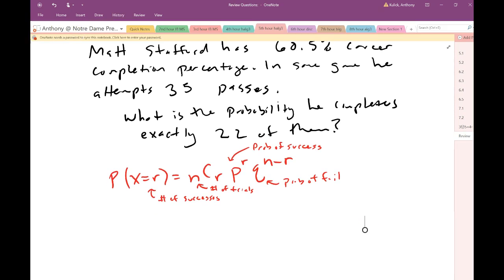So in Matt Stafford's situation here, our value for R is?